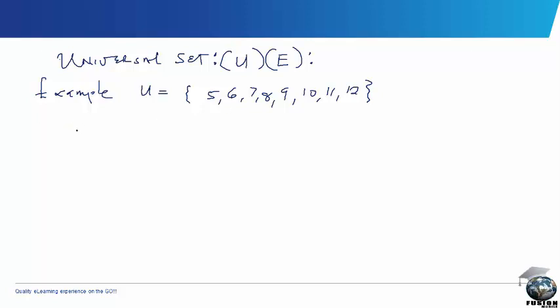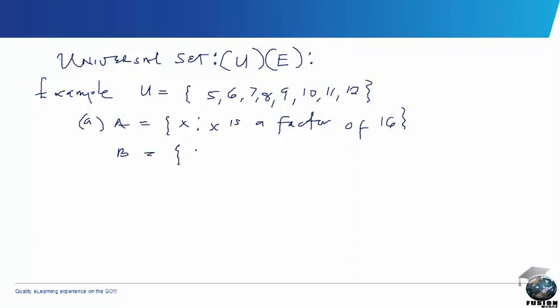And you are given elements in another set A, x such that x is a factor of 16, and then B, such that x is a prime number.